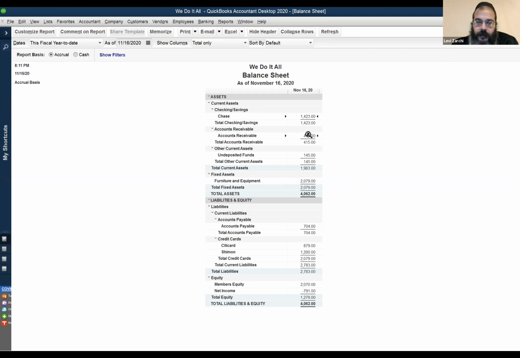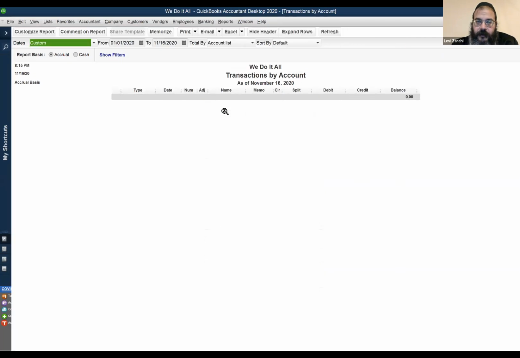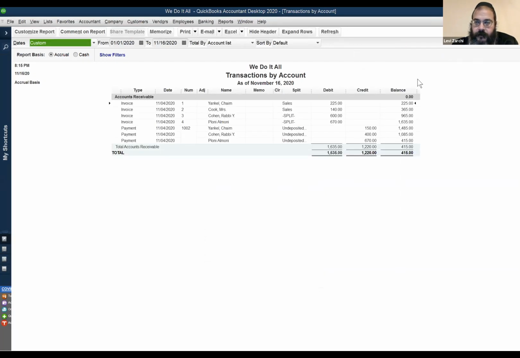And if you double click on the accounts receivable, we will be familiar with what's here. We have here the open receivables. It shows the way receivables work. It tells us what the whole receivable was, and these show up as debits and credits, right?